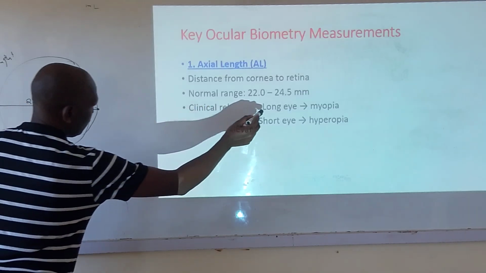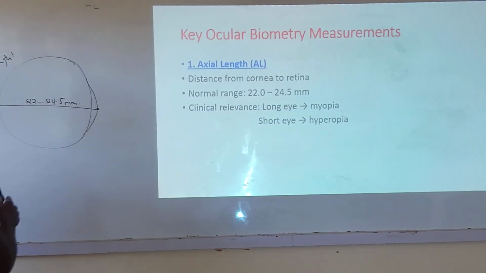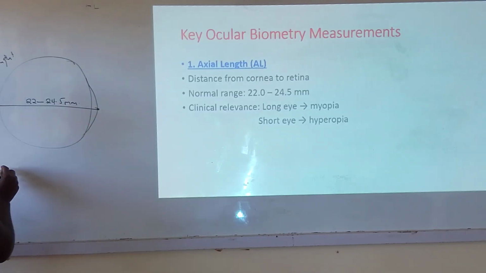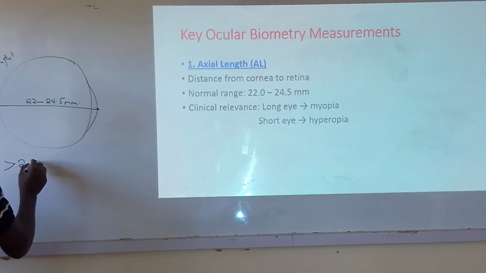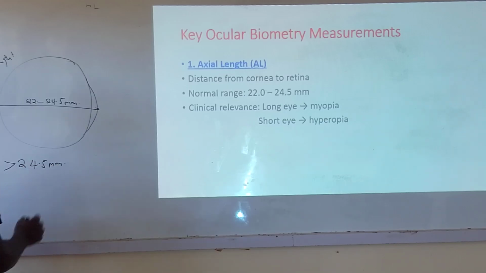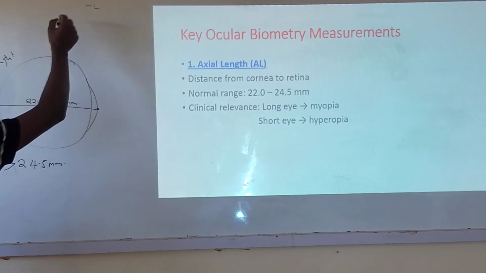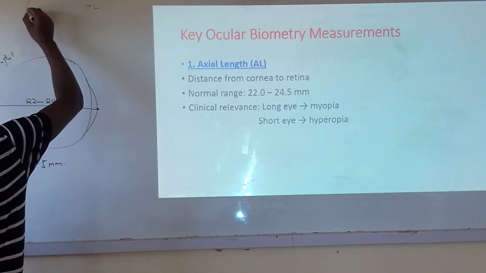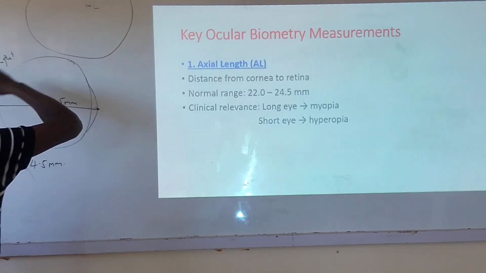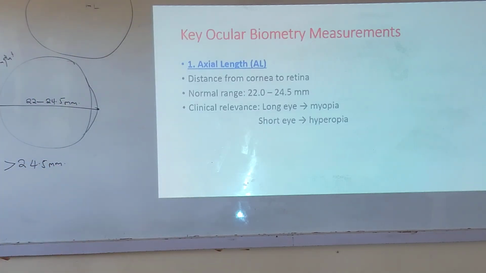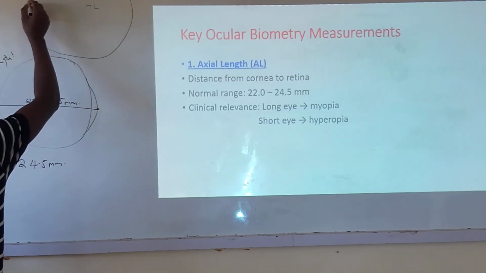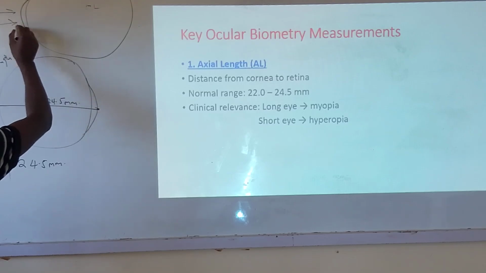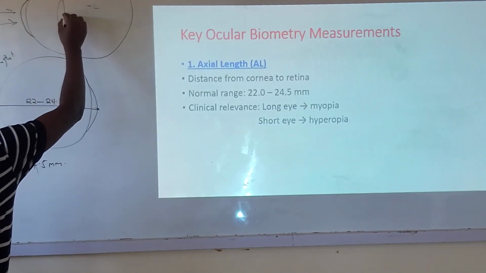So if you have a long axial length, let's say it is beyond 24.5 millimeters, then it means your eyeball is very big, and therefore, if this is your cornea here, remember light is supposed to get through, and you have your lens somewhere here.